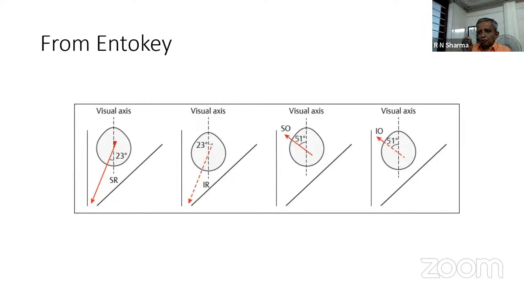Which quadrant? Posterior inferior outer quadrant. So when it pulls the posterior quadrant downward, the anterior portion, that is the cornea, will go up. Therefore, inferior oblique will be an elevator.